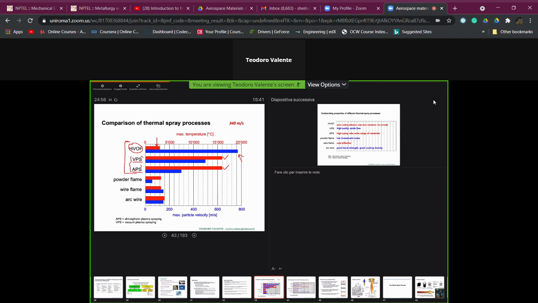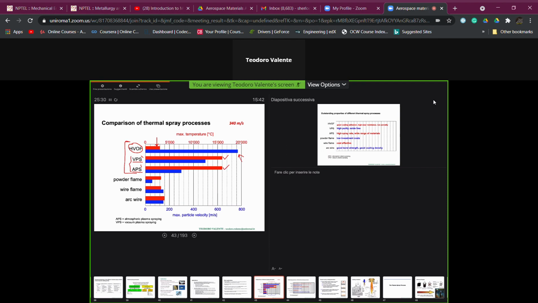The second thing: if you compare the VPS particle velocity and the APS particle velocity, with APS we can reach something around 300 meters per second. With VPS, we can achieve something near 500, so higher than the speed of sound. And what is the reason?